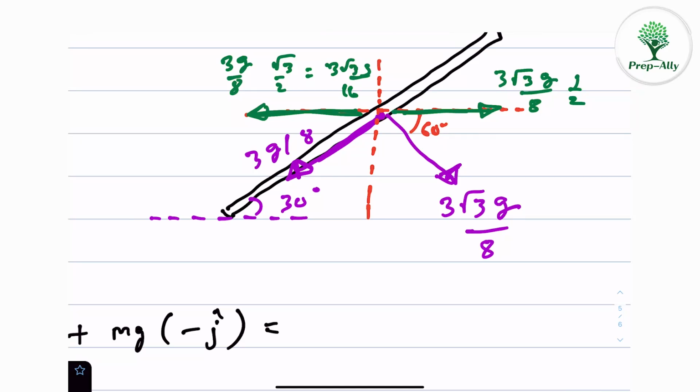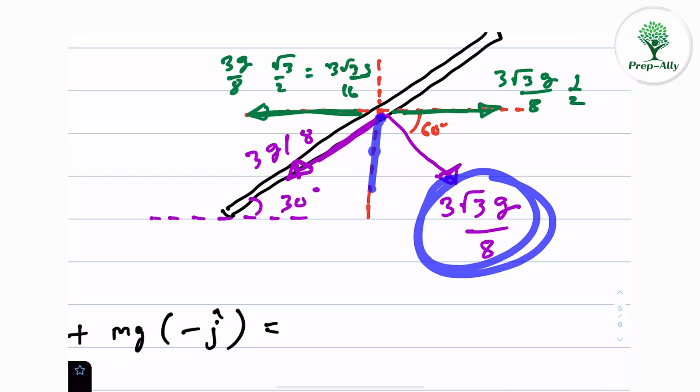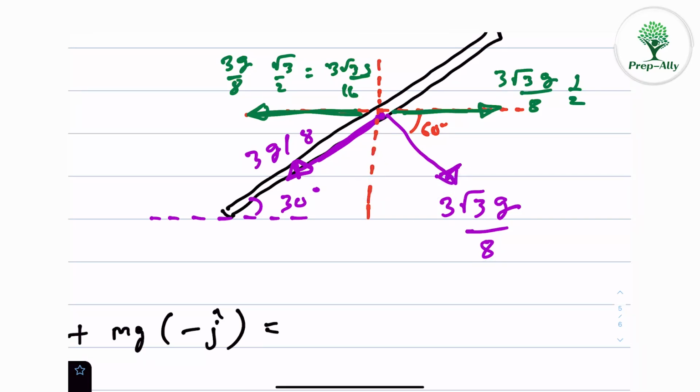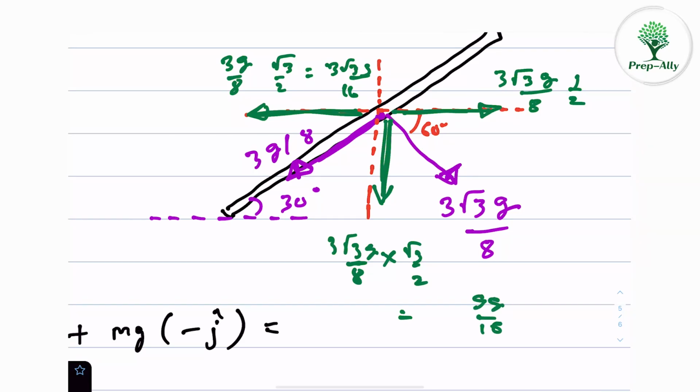Then what about the vertically downward direction? For that we need the component of the tangential acceleration in the minus y direction. So 3 root 3 g by 8 has a sine 60 component. Sine 60 is root 3 by 2. So we get 3 into 3, 9g by 16. And 3g by 8 also has a vertical component, which is 3g by 8 into sine of 30 degrees. Sine of 30 degrees is half.